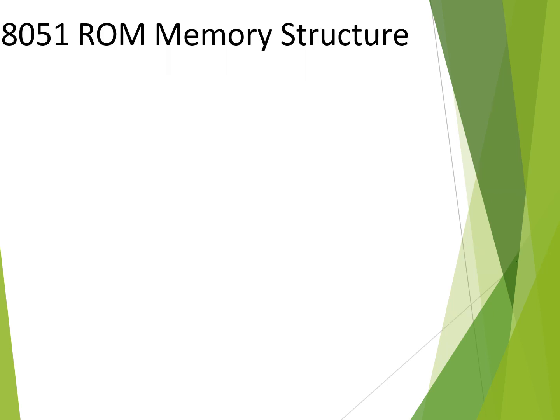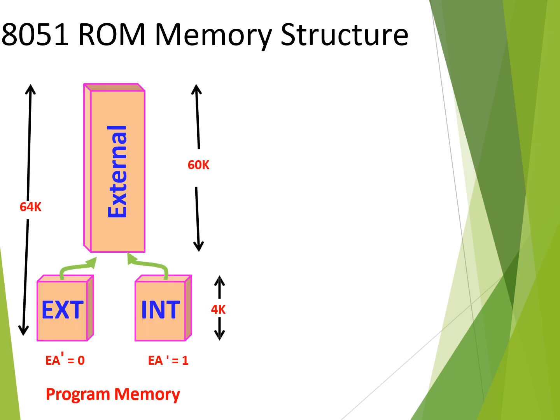First, I will deal with the 8051 ROM memory structure. 8051 has internally 4 kilobytes of ROM, but it can access up to 64 kilobytes of ROM. So how is this 64 kilobytes of ROM going to be used by the 8051 microcontroller? It can be used in two different ways.